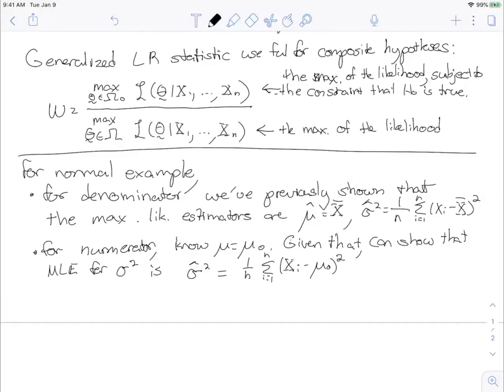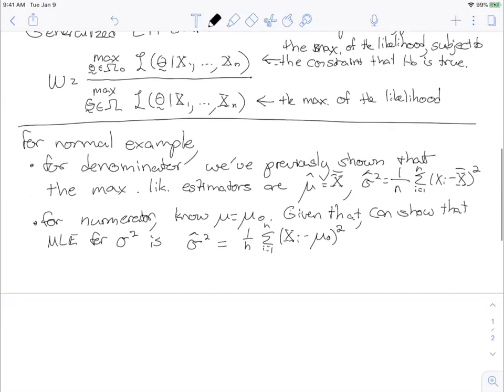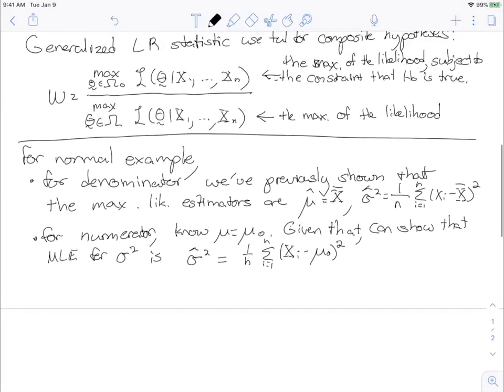So we don't have to estimate the mean anymore because we're given it by the value specified in the null hypothesis. That means we get to just plug that in, basically, instead of plugging in x bar. I want to just take that as given; we could do that by taking derivatives. So this means that we're ready to plug these numbers, this mu hat and sigma squared hat, into the numerator and denominator to evaluate the likelihood, to calculate the likelihood ratio statistic.